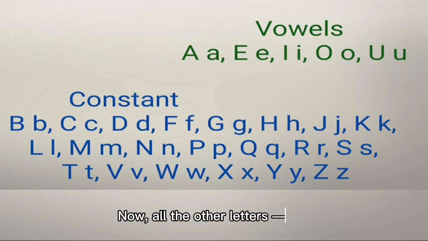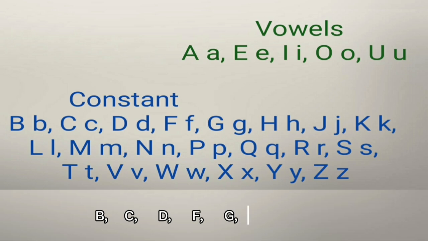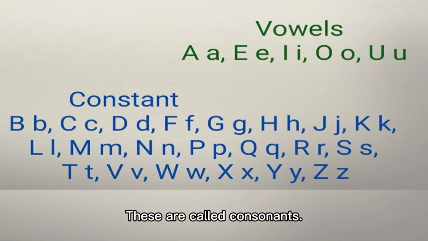Now, all the other letters, like B, C, D, F, G, H, J, K, L, M, N, P, Q, R, S, T, V, W, X, Y, Z. These are called consonants. So remember, 5 vowels. A, E, I, O, U. And the rest are consonants.